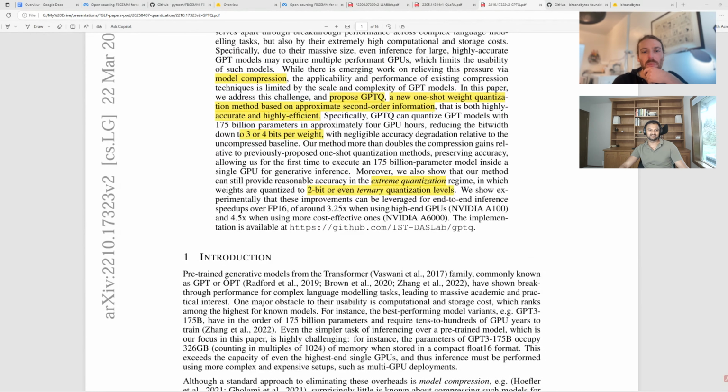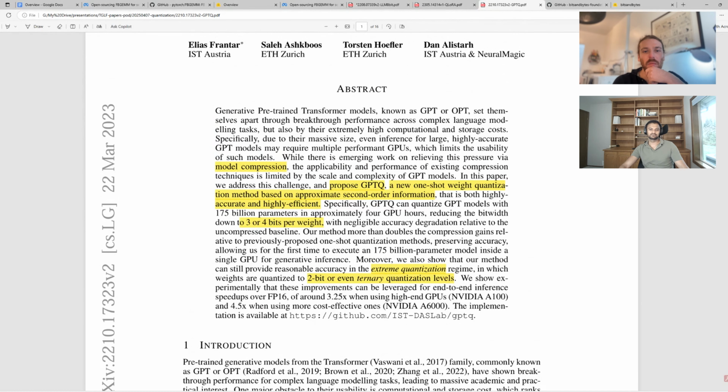Yeah, on this work, I think I got it with the visualization where they work off of optimal brain quantization, which quantizes one parameter at a time while adjusting the non-quantized weights such that they minimize the change that the quantization introduces. And then they go through a model one parameter at a time. And that's super slow.